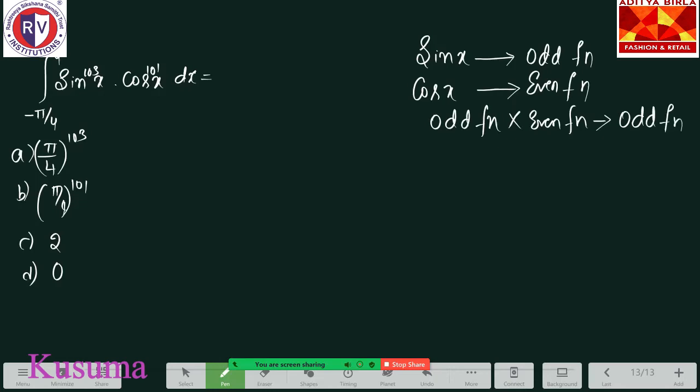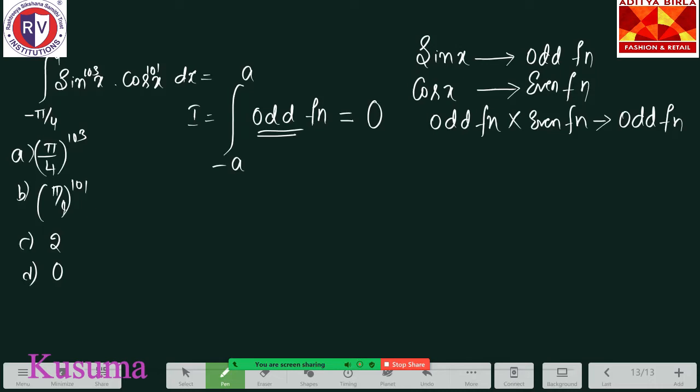So here we have I is of the form integration from minus a to a, odd function. So what will be the value of the integral then? It will be equal to 0. Whenever the integration is from minus a to a of an odd function, the value of the integral will be equal to 0.